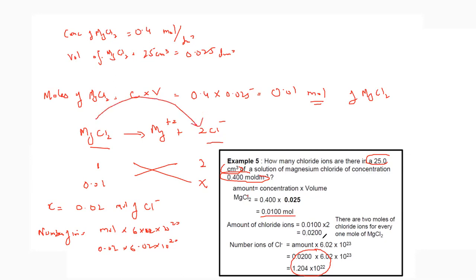And after getting the moles of the chloride ion, we multiply by Avogadro's number to get the total number of chloride ions in the solution. Is this example clear to everyone? Yes, Saleh Abdullah.